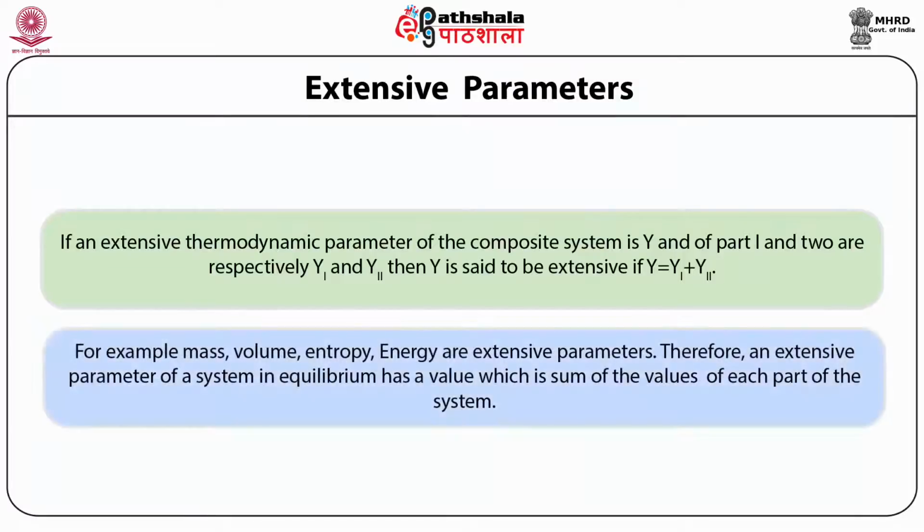For example, mass, volume, entropy, and energy are all extensive parameters. Therefore, an extensive parameter of a system in equilibrium has a value which is the sum of the values of each part of the system.